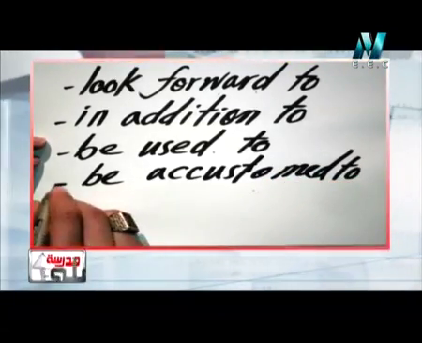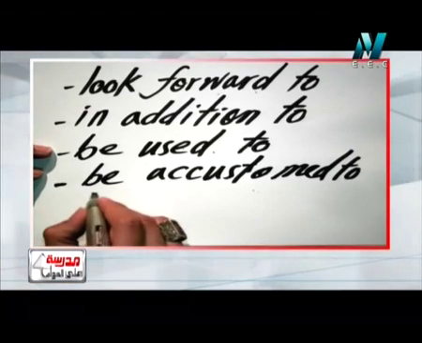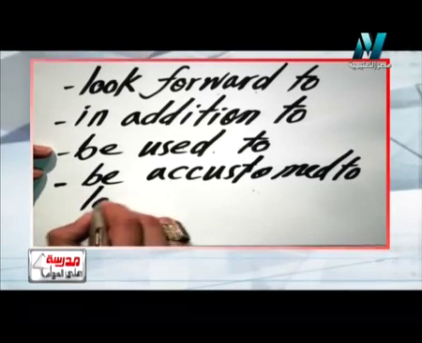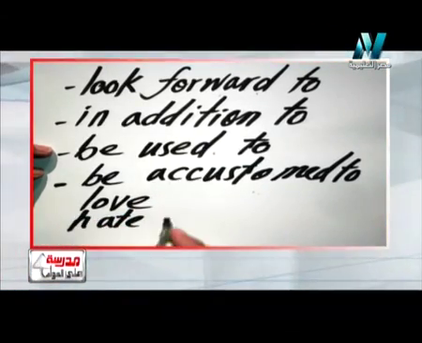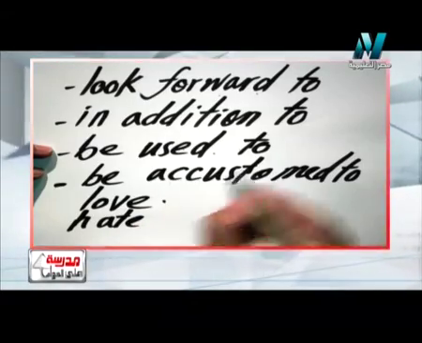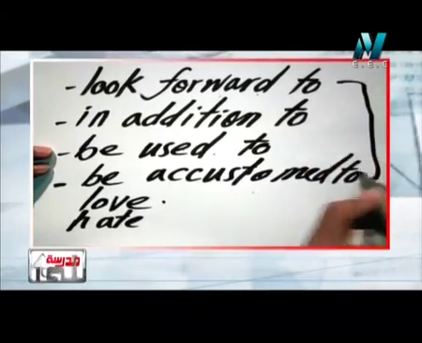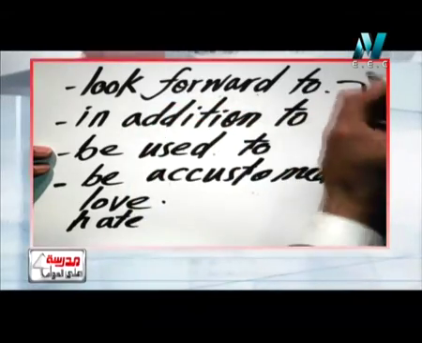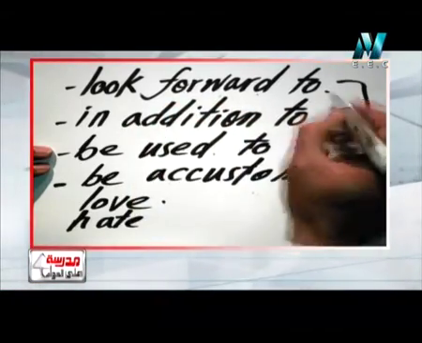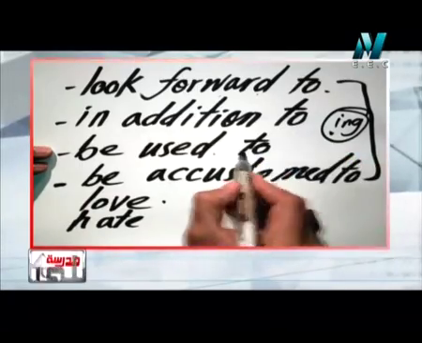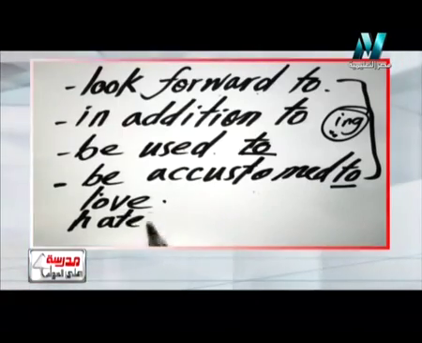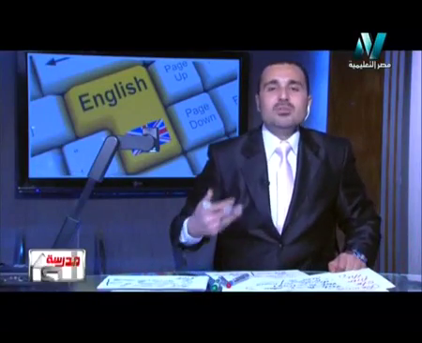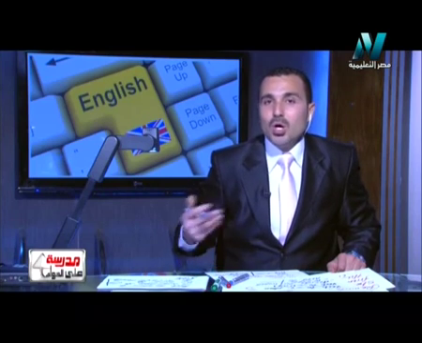And some verbs like love and hate. These verbs aren't followed by to, but they are usually followed by verb ing. So: look forward to ing, in addition to ing, be used to ing, be accustomed to ing. And love, hate, dislike, like, enjoy, interested in, prefer, go.